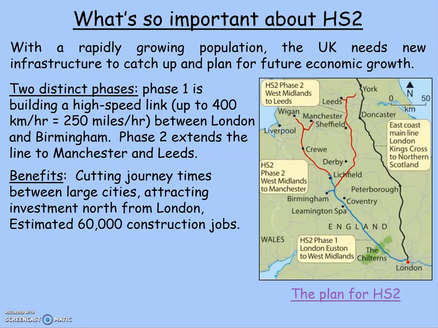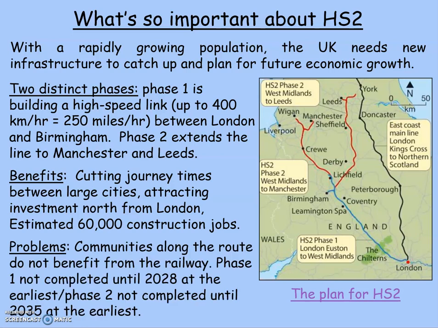It attracts investment north from London, so cities to the north can benefit quite substantially, because of the shortage in distance between the main cities, and also the construction of the railway itself could create up to about 60,000 construction jobs.